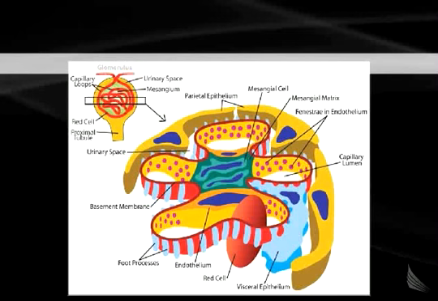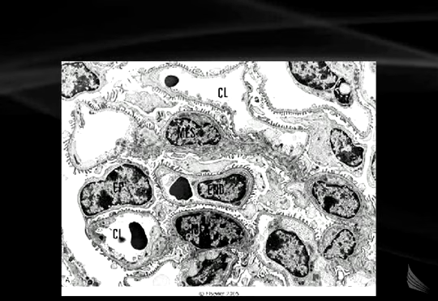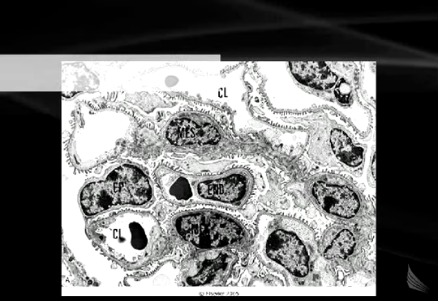Now, we can see that in this EM picture here. You see the capillary lumen, you can see the fenestrated endothelium, followed by a basement membrane, and then the individual foot processes between which this filtrate enters the urinary tract proper. A closer view shows this tract with the foot processes, gaps in between them, the fuzzy middle part of the sandwich, which is that basement membrane, and then the fenestrated endothelium.